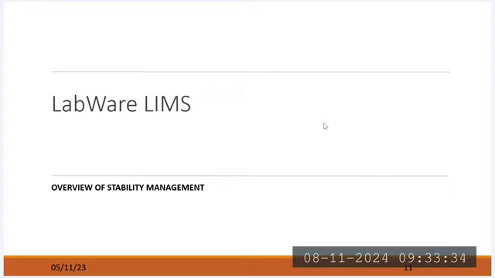Once I load the chambers, we confirm the starting date of the protocol. From there, first month, second month, third month, sixth month, we keep the controls. When we go with manual activity, I need to ensure every day whether any calibration samples are available. When it comes to the LIMS, this complete setup is available in the LIMS application.